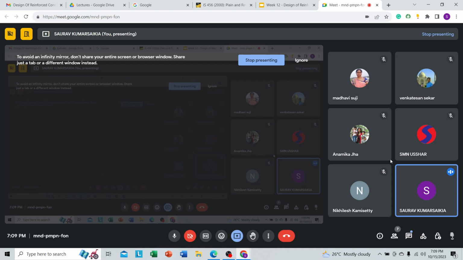They will also give the required values, all those important values. So you don't have to be afraid of those things. They will make it available.